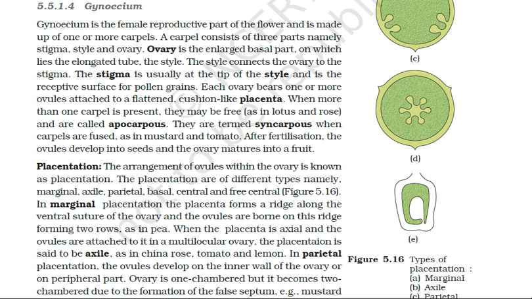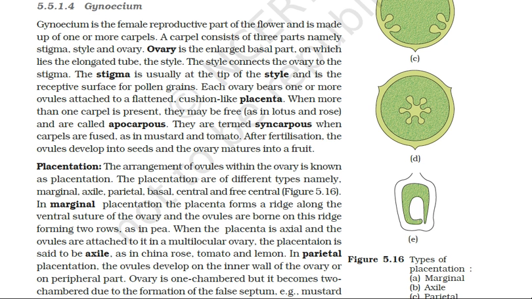The basal swollen part is termed as ovary, which consists of a tube-like elongated structure called style. At the tip of the style, there is a bulbous structure called as stigma.